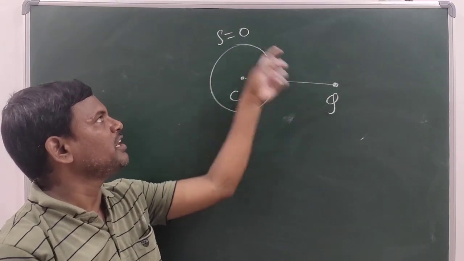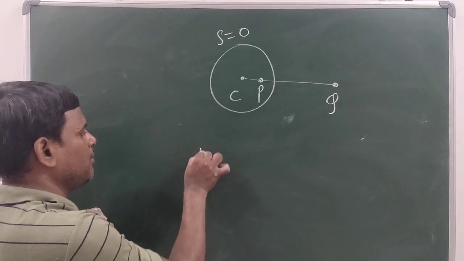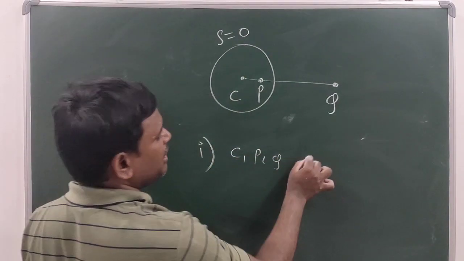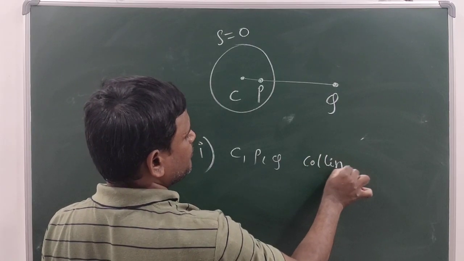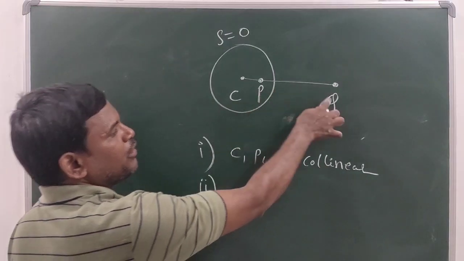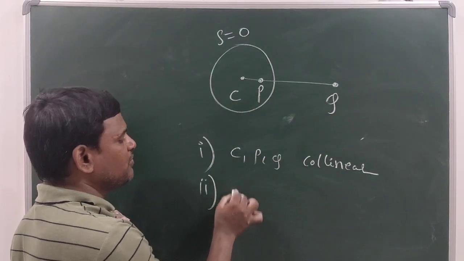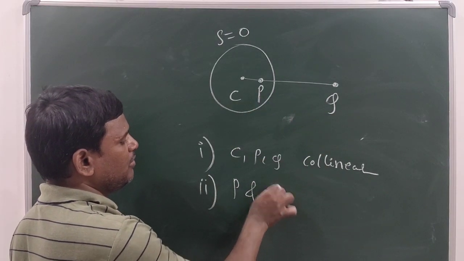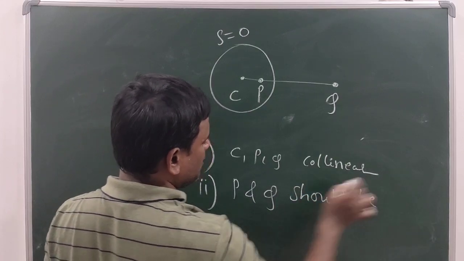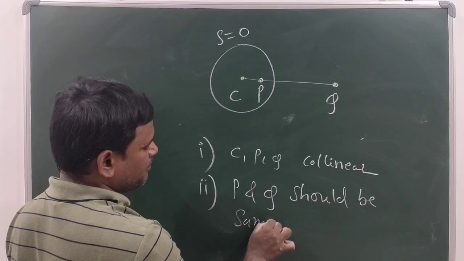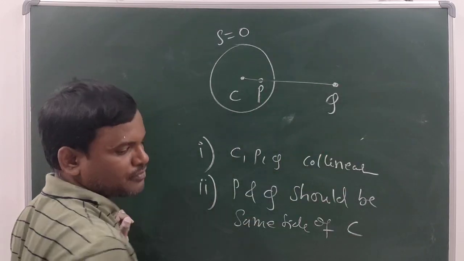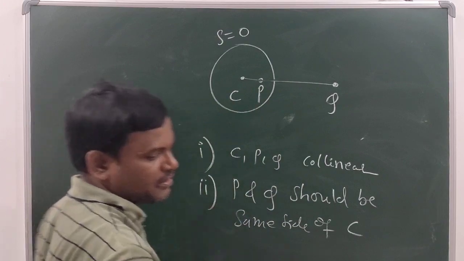When these two points are inverse points with respect to this circle, C, P, Q must be collinear, and P and Q should be on the same side of the center C, either this side or this side.